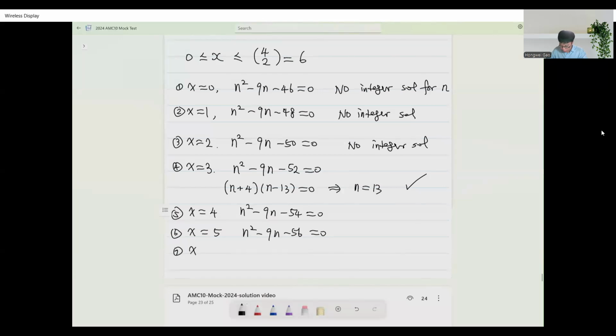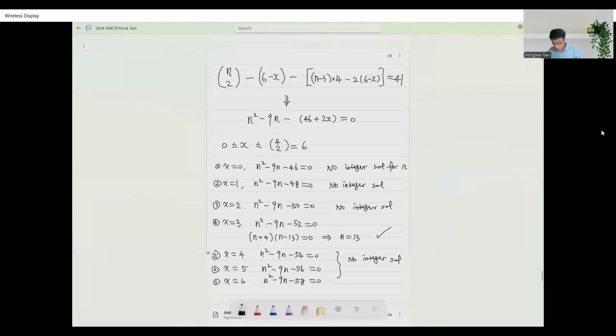For x equals 6, n squared minus 9n minus 58 equals 0. No integer solution. So by checking all cases, we know that only one case works, when x equals 3. So we conclude that x equals 3. 3 is the answer to this question.